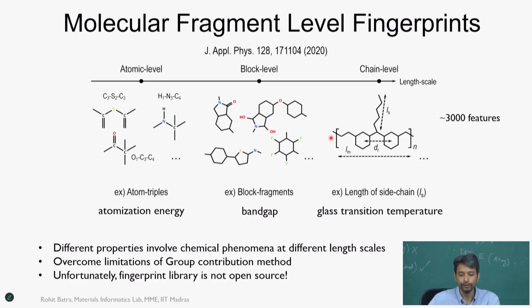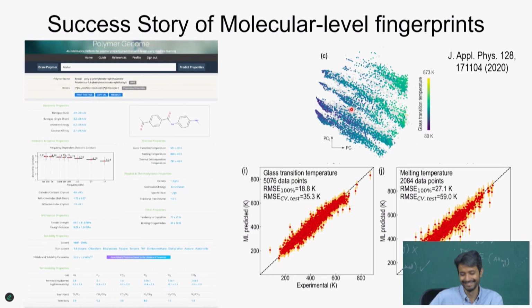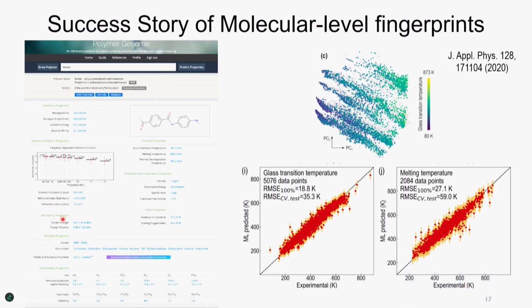Unfortunately this is not open source, because now it's a startup, so they want to earn money. But they have done wonderful work in this area. It's not visible, but they have all types of properties: electronic, dielectric, mechanical, solubility, permeability. A whole range of polymer properties they have learned using this similar scheme.